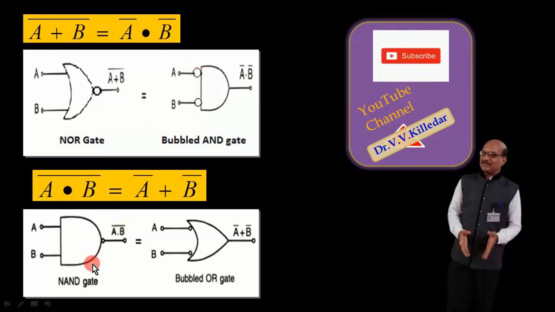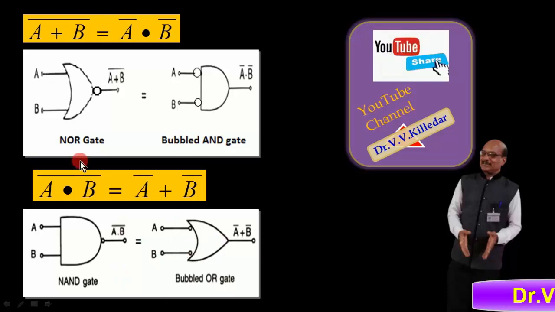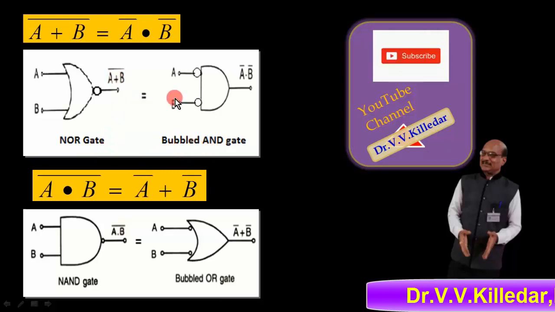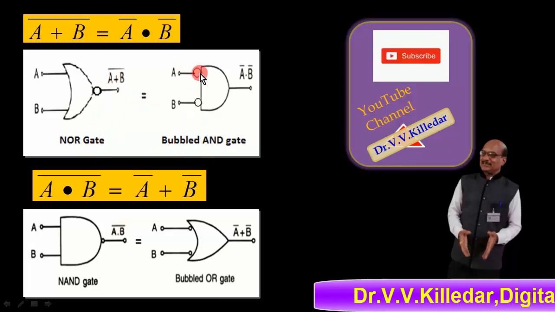Here see, initially we have an AND gate, so you have to use an OR gate and shift the bubble. Okay, so you can interchange an AND gate or NAND gate to a bubbled OR gate, or a NOR gate to a bubbled AND gate. So in this way you can shift the position of the bubble.